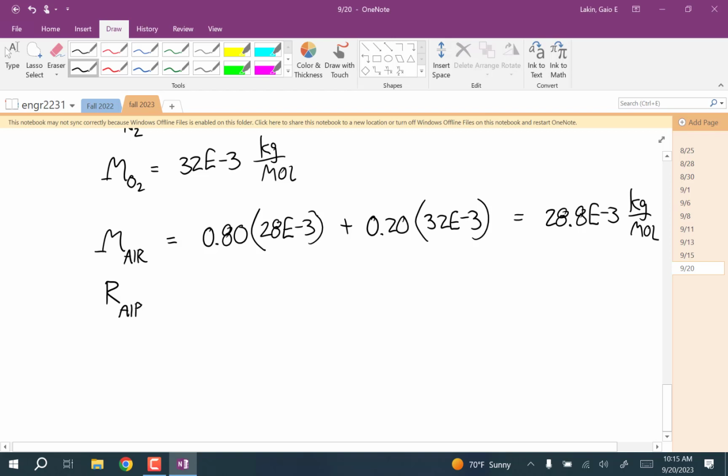So the gas constant for air is 8.314 divided by 28.8 times 10 to the minus third.